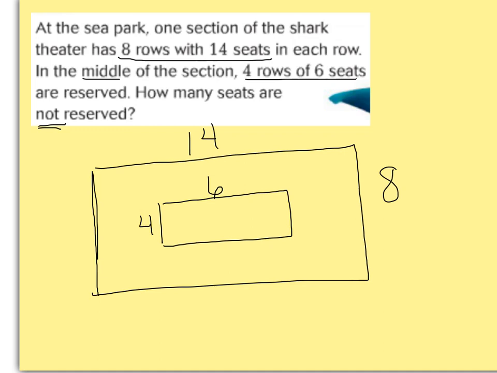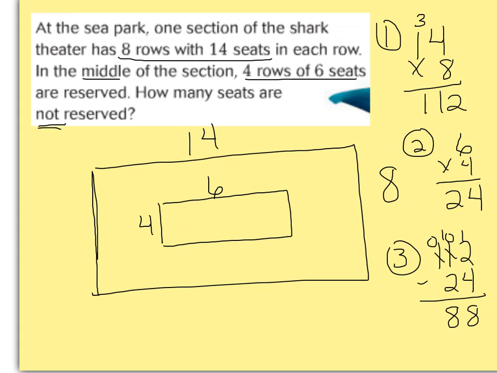What I want you to do now is to pause this video, use the information, and find out how many are in the total section of the Shark Theater, how many are in the middle section that are reserved, and from there find out how many are not reserved. Once you've done that, then go ahead and come back to the video and we'll compare our answers.